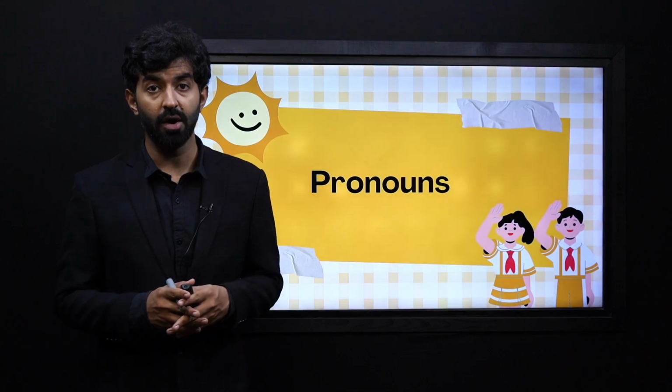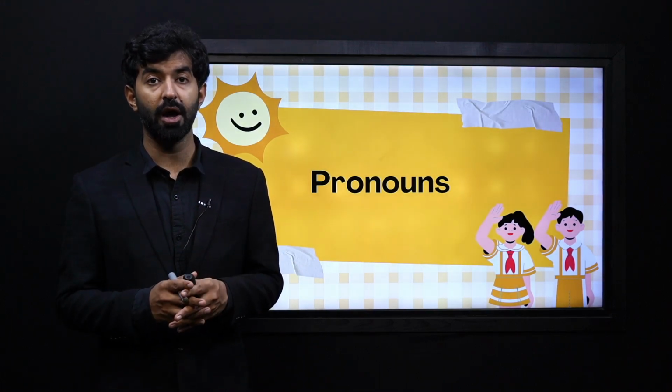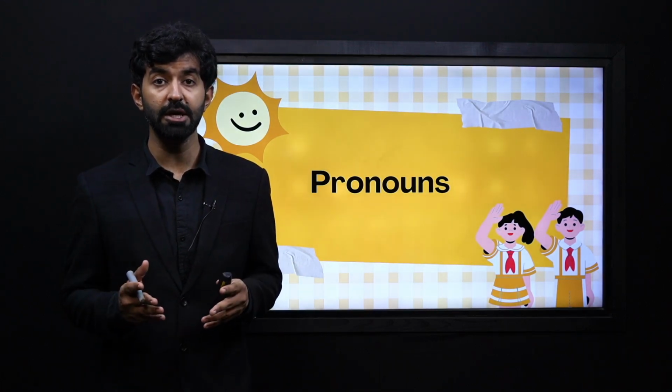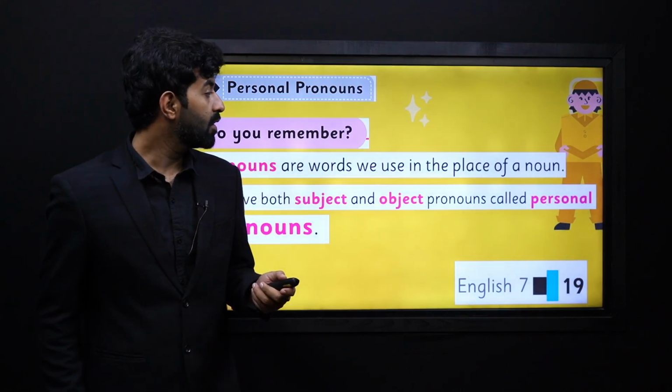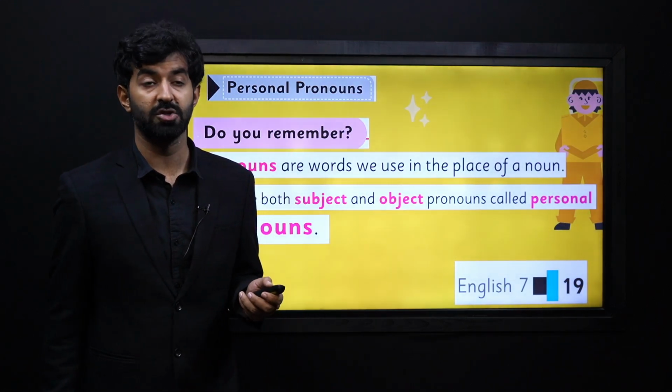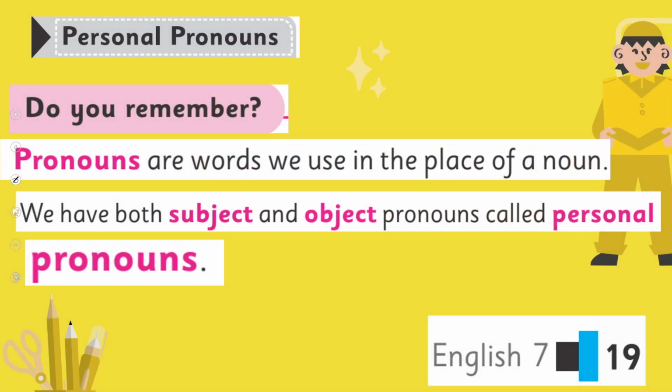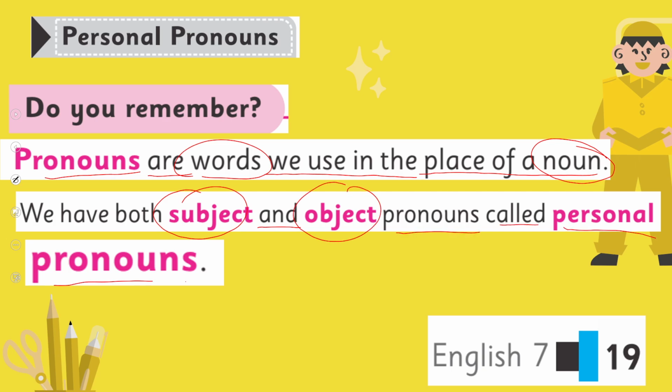Now, moving on to the topic which is about pronouns. As we know, it's a part of speech, and now let's recall it from your book page 19. If you remember, pronouns are words we use in the place of nouns. We have both subject and object pronouns called personal pronouns.